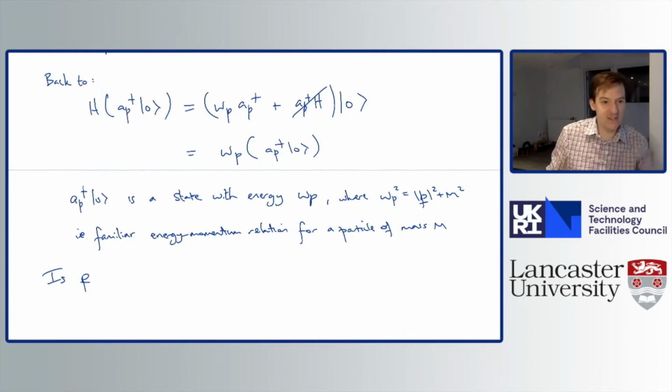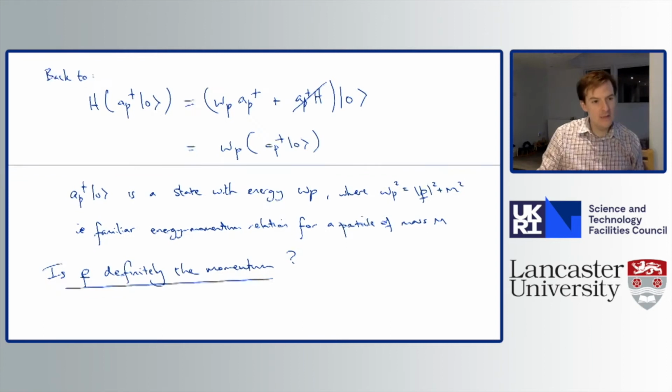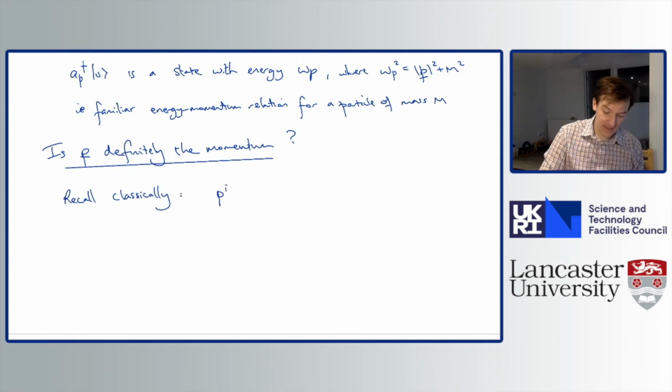So to really show that this is the energy momentum relation, let's also work out the momentum. We haven't discussed the momentum so much, so let me remind you of how you can define it. Classically, we can get our momentum from the 0i component of the energy momentum tensor.